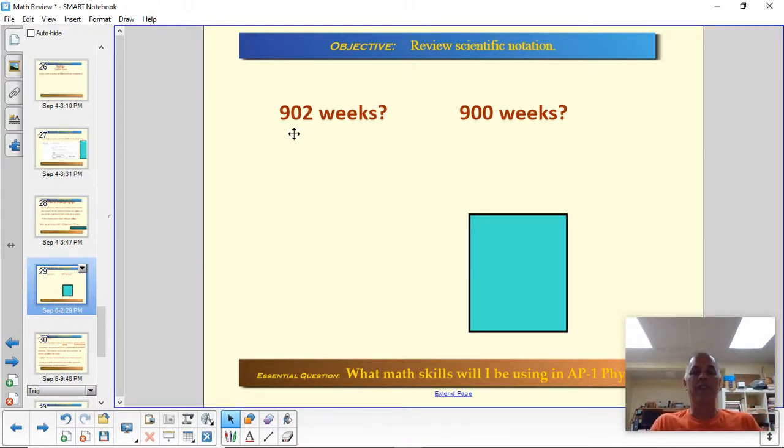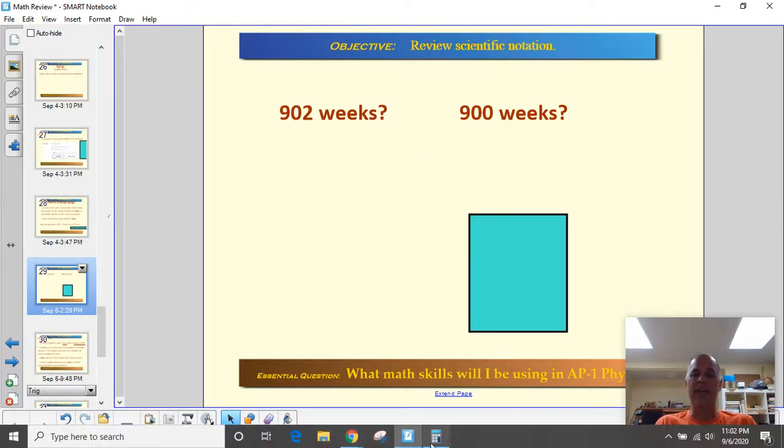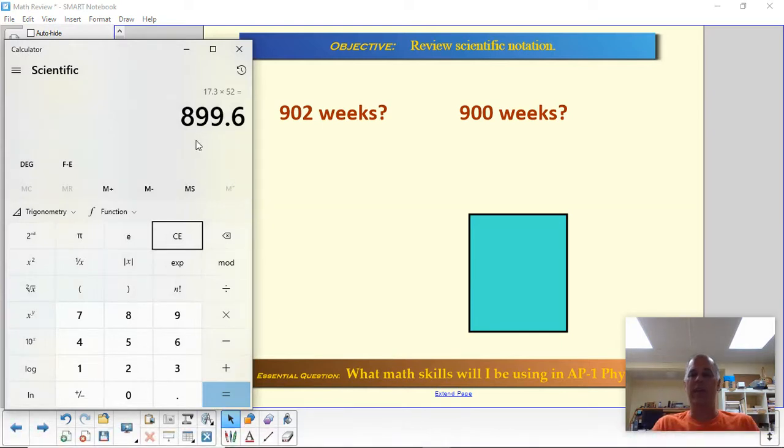Okay, the answer is that both answers are completely correct within the constraints of the numbers we used. When we did that second calculation, we said 52 weeks per year. We said 17.3 years times 52 weeks per year. But is 52 weeks per year an exact number, or is it approximate?